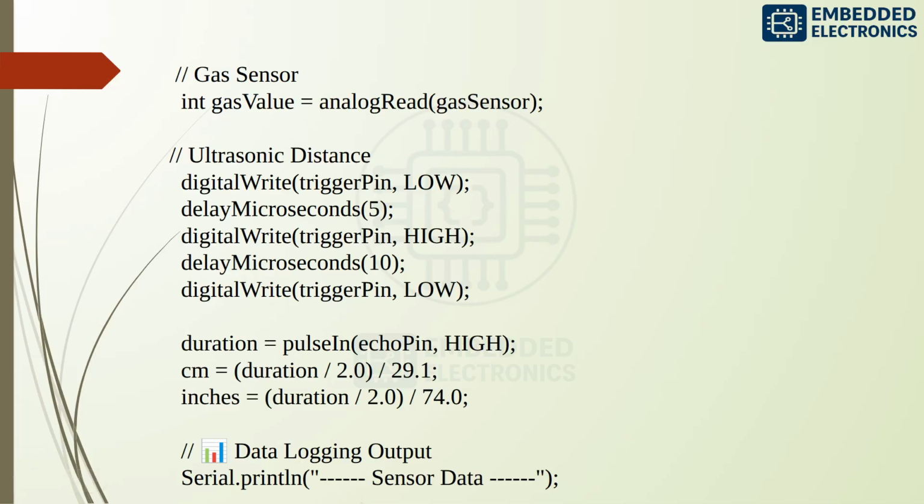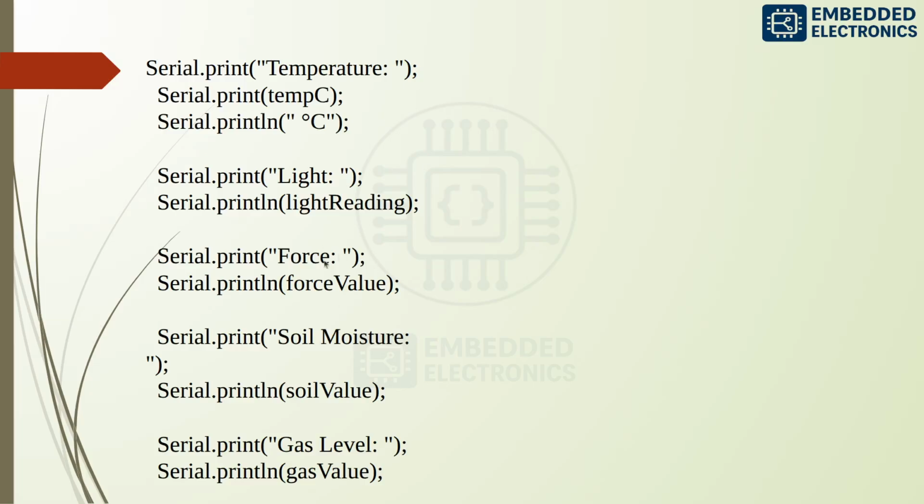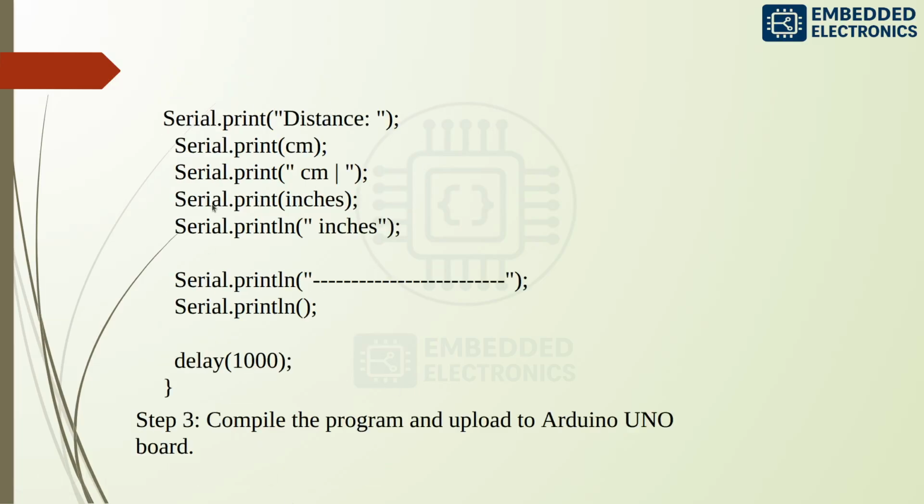We are using the serial monitor to display all sensor values: temperature, light, force, soil moisture, gas level, then distance. We also use a delay here, which waits 1 second before the next reading. So that's all about the code.